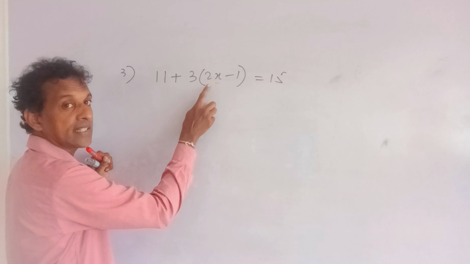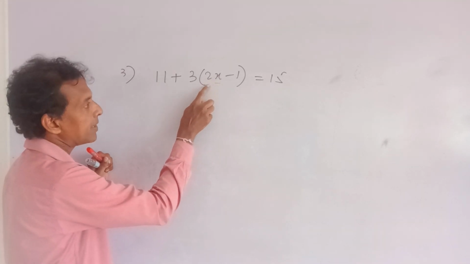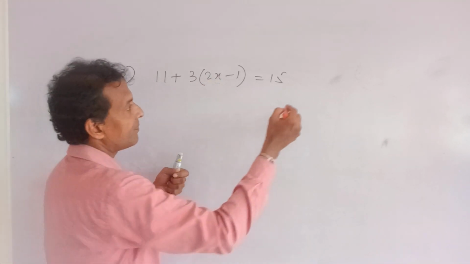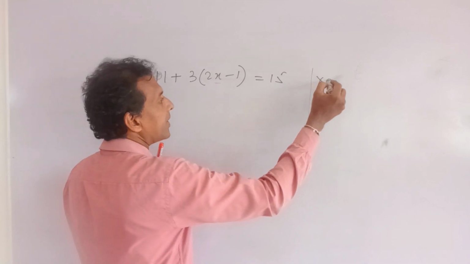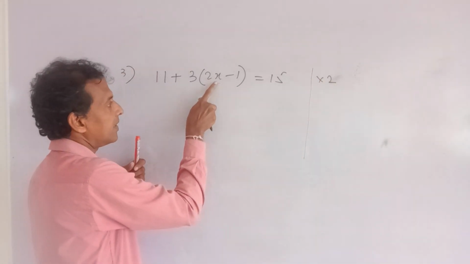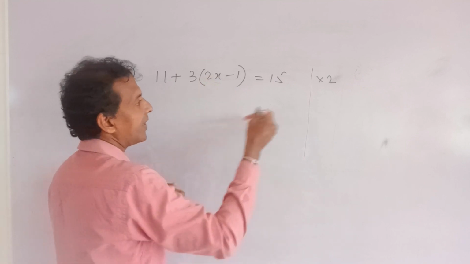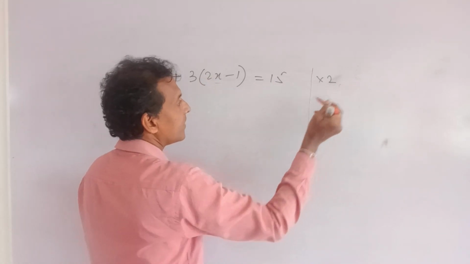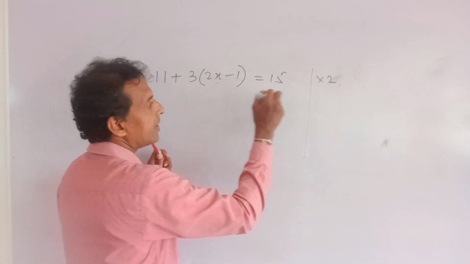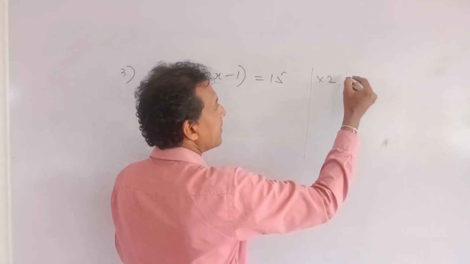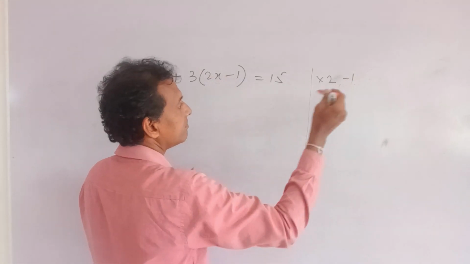The immediate operation done, what is that? Multiplied by 2. So the variable is multiplied by 2. And then, after multiplying by 2, 1 is subtracted from that. The next operation is minus 1.